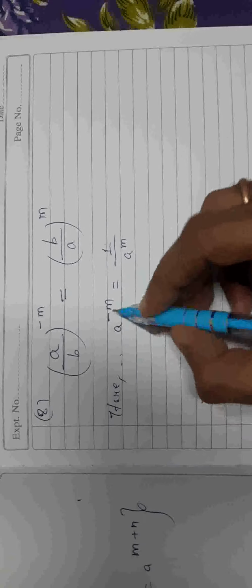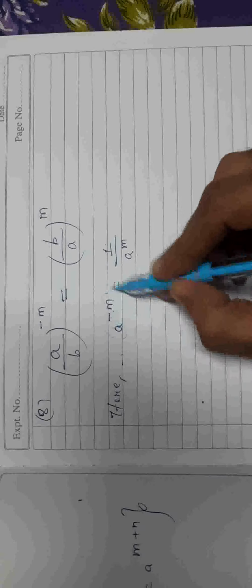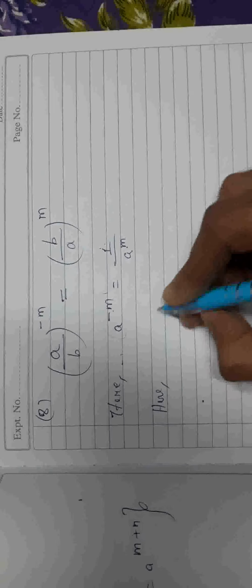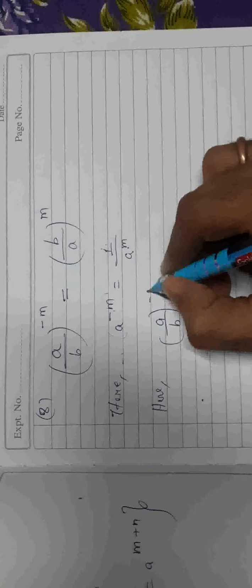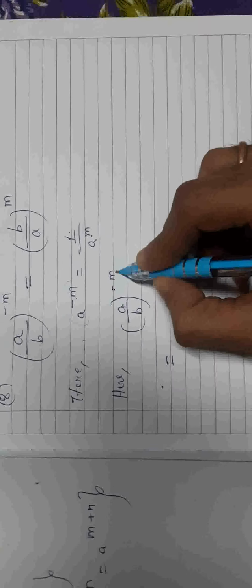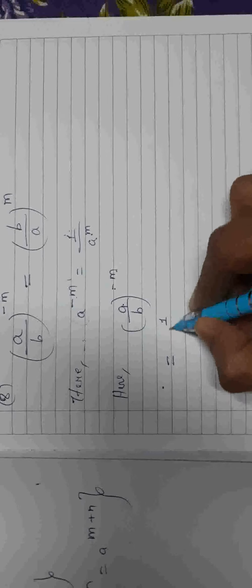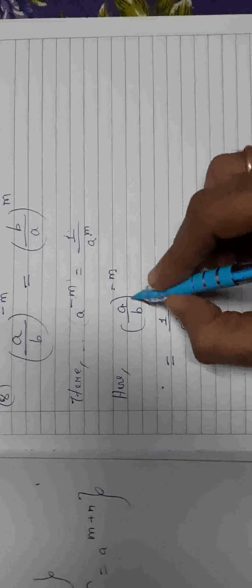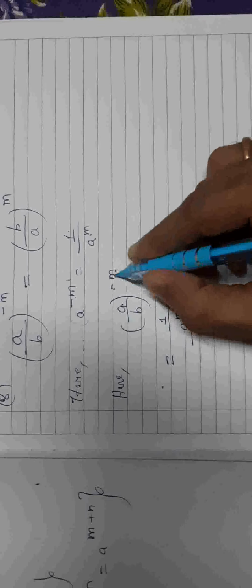So if the power is negative, then the value gets inverted. Similarly here, a by b to the power minus m: if I take the numerator and denominator individually, a to the power minus m can be written as 1 by a to the power m, and b to the power minus m can be written as 1 by b to the power m.